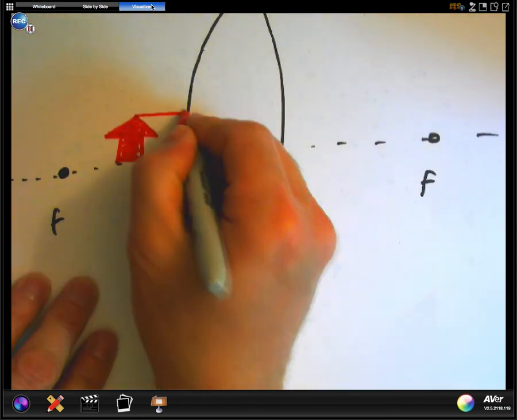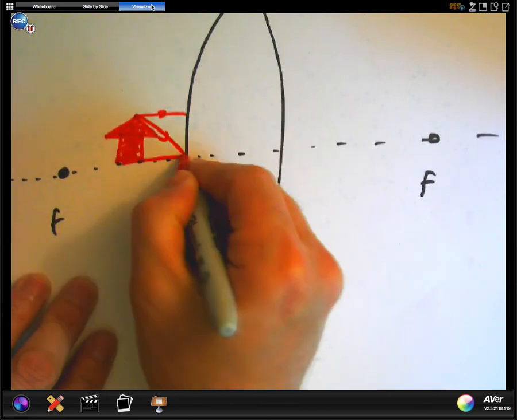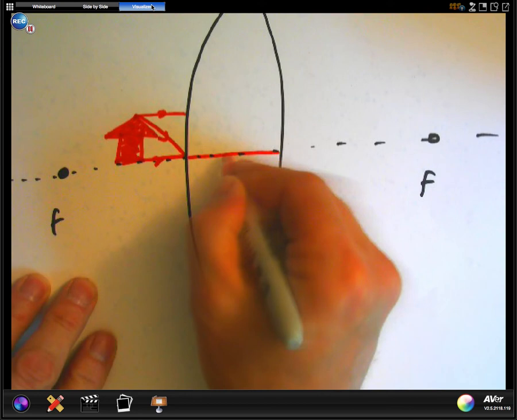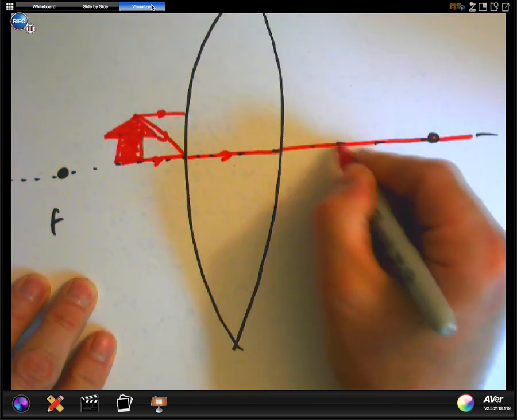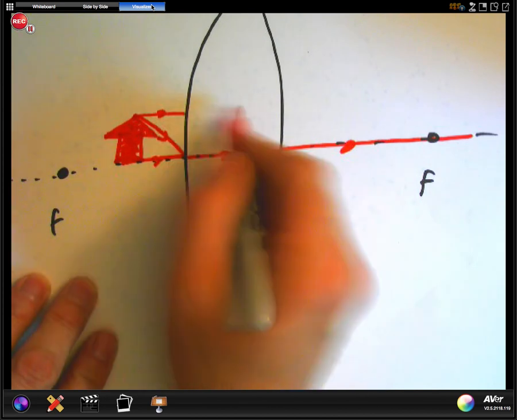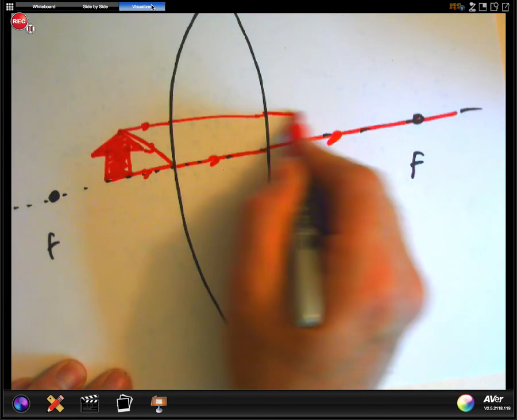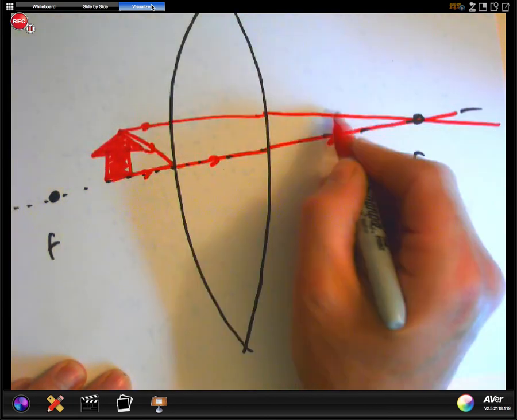And I'll send my light ray there, there, and on the bottom. Okay, so this one has to go through the focal point. Now, what I'm going to do is I'm just going to cheat it a little bit because I made my focal point pretty far away, like that.